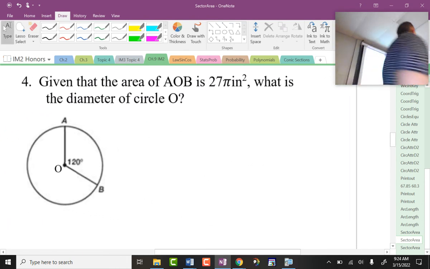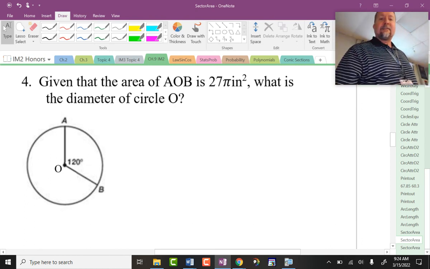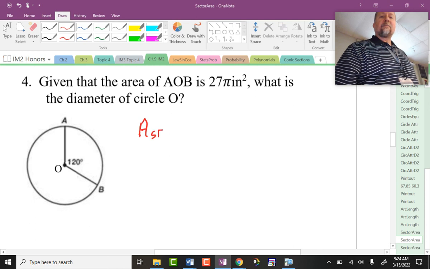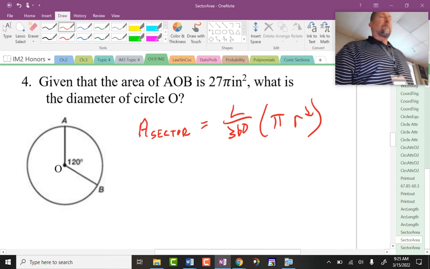Okay, and then I guess I have to do one more of these. Oh, good. I have 6 minutes. We have to do one more thing at the end of this. So area of a sector, sometimes it's written like this, equals angle over 360 times pi r squared, and you problem solve.